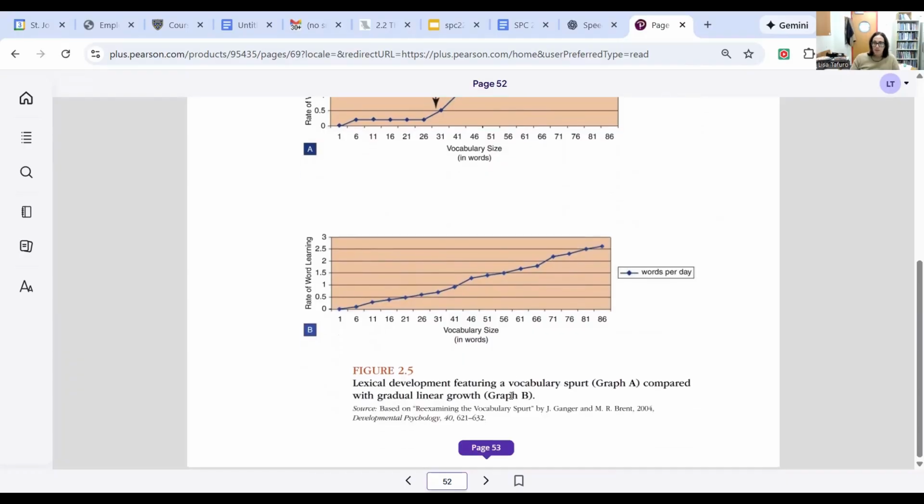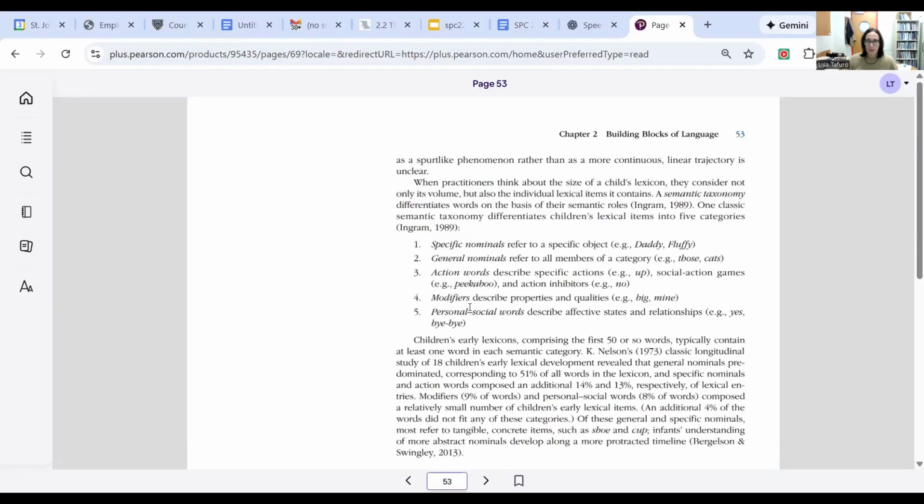Okay. So we want to think about semantics and lexicon, not just about how many words, but also the taxonomy. The semantic taxonomy differentiates words on the basis of their semantic role. For example, a specific noun like mom or Lisa, a general noun like lady or animal, action words or verbs, modifiers, which are really adverbs and adjectives, and personal social words.